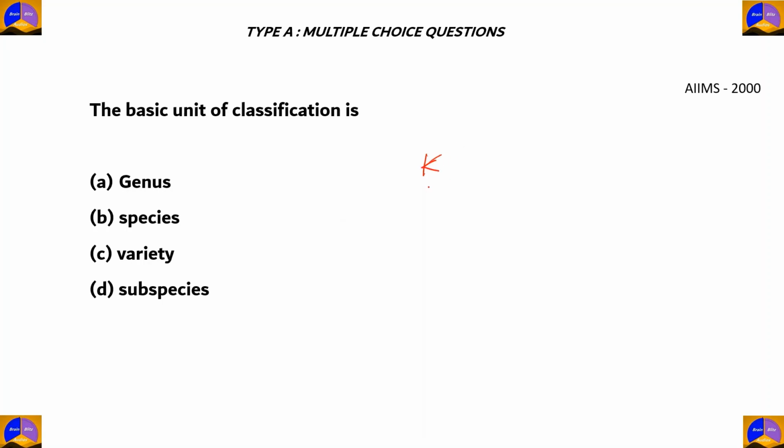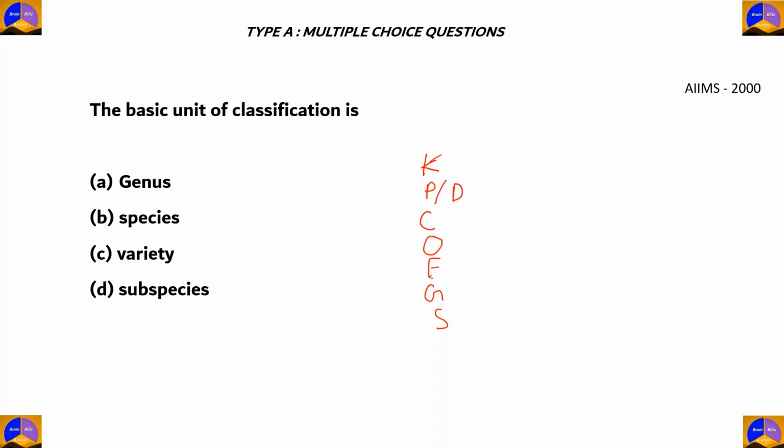K stands for kingdom, P/D stands for phylum, for animals, and division for plants. C stands for class, O stands for order, F stands for family, G stands for genus, and S stands for species.